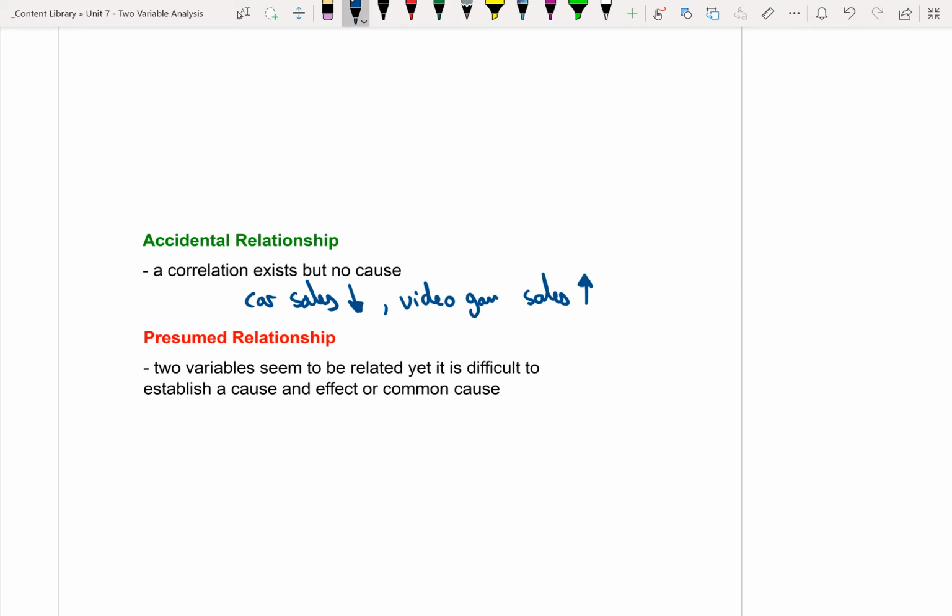So there may be a correlation here. However, there's no cause and effect. It's just an accidental relationship just because, so again, just because there's a correlation does not actually mean that there's an actual cause and effect between the two.